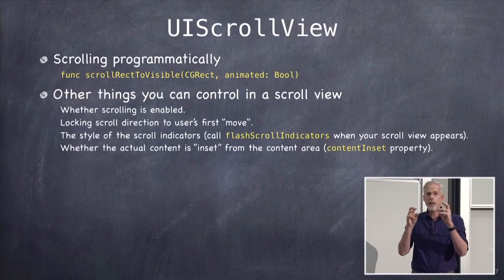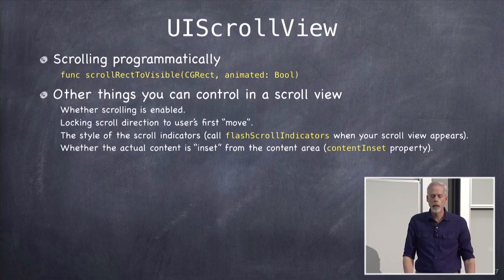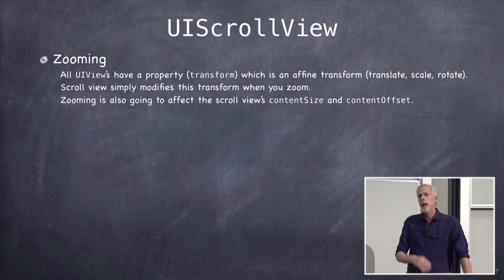This happens a lot in navigation controllers. Sometimes the bar at the top, which is semi-transparent, is not transparent enough for whatever you're looking at in your scroll view. So you'll offset the content by the height of the navigation controller. So there's a whole bunch of stuff in there I can't really talk about.